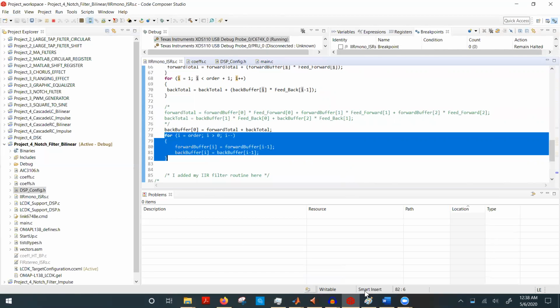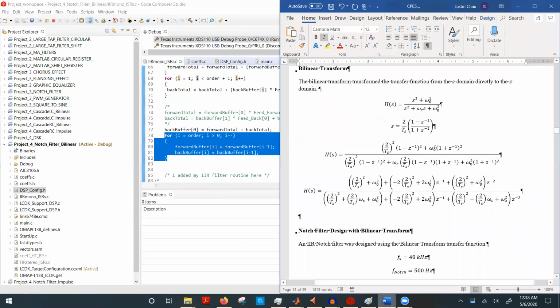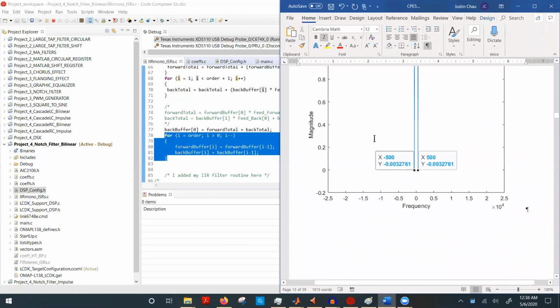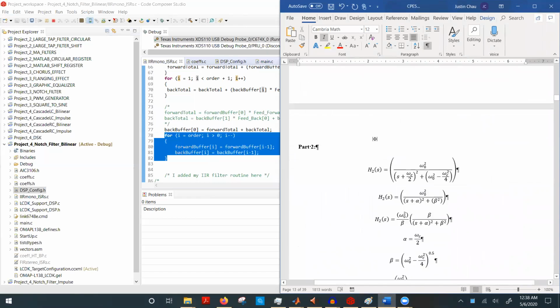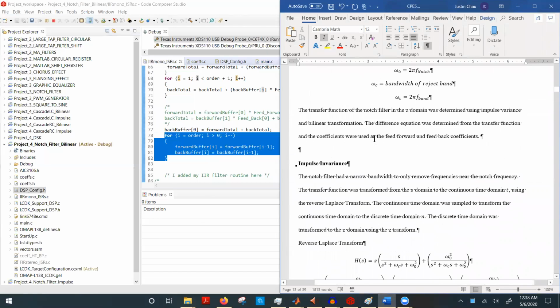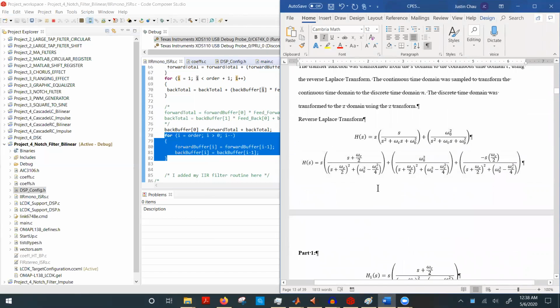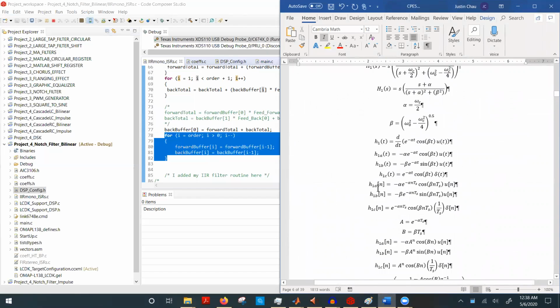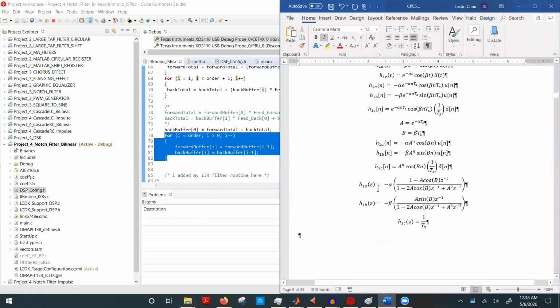Now the drawbacks of the IIR filter design are basically what I did in the first part of the video, all the theory involved with IIR filter design. So if you remember what we did with impulse invariance, it required a lot of theory and a lot of reverse Laplace transform and rearranging the equations to be easy to transform into the different methods.